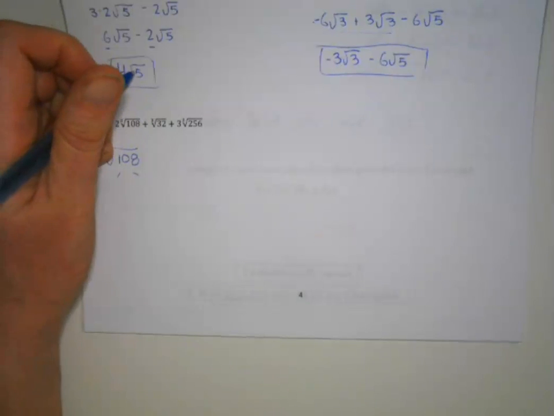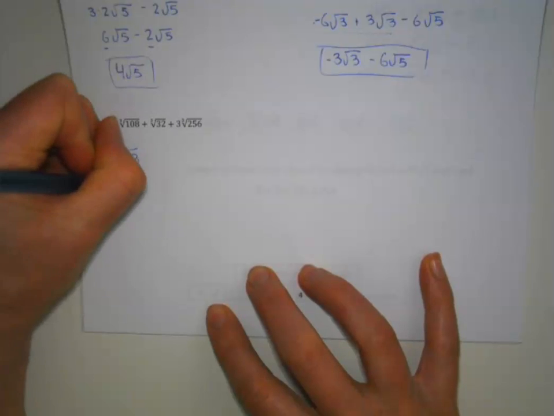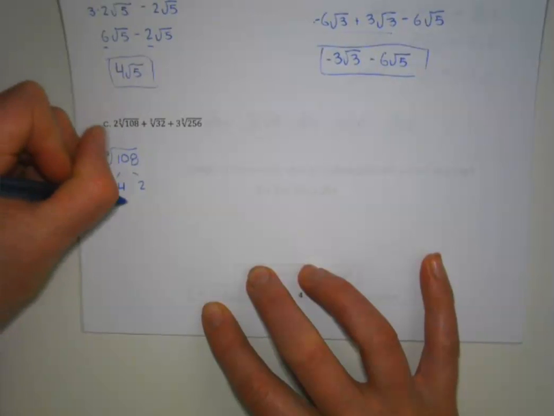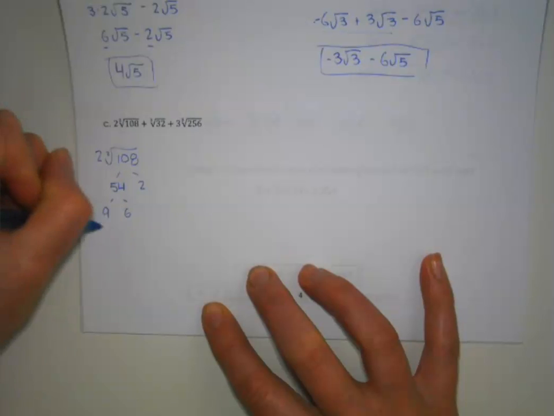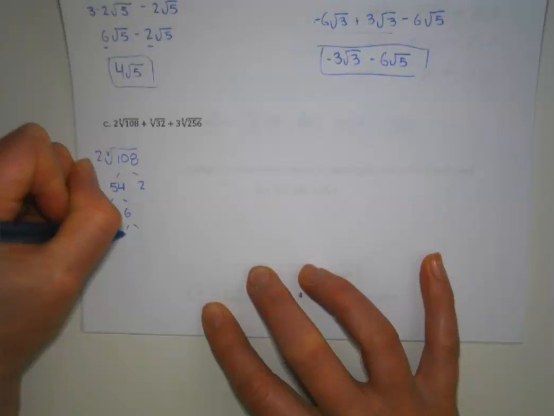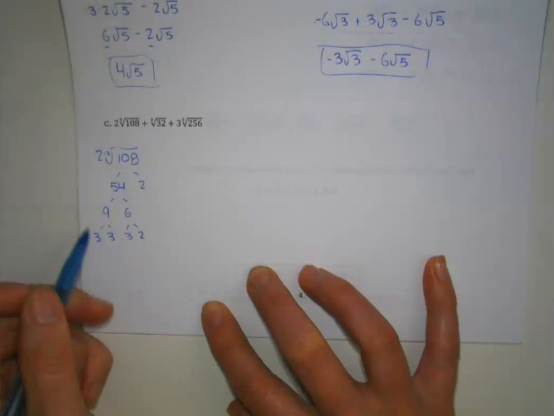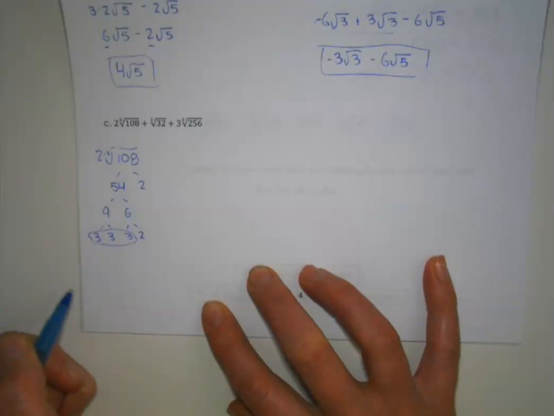Let's see, 108 divided by 2 would give us 54 times 2. So 2 can't be factored down anymore, but 54 could be 9 times 6, 9 is 3 times 3, 6 is 3 times 2. Now remember we're dealing with a cube root, so we want perfect cubes, so that means groups of 3 of the same, which would be these 3 3s.